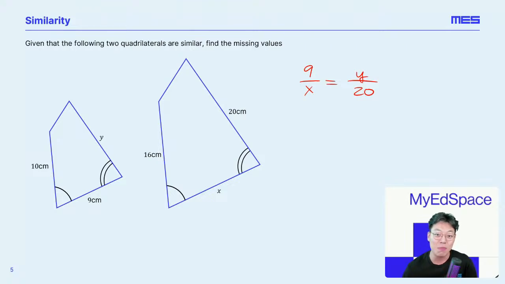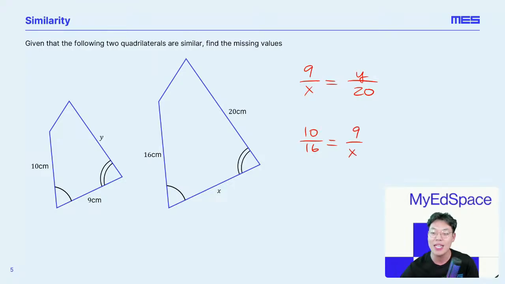In this case, it's much easier to recognize that we have 10 is proportional to 16. So we can use that in order to isolate each variable separately. So we'll have 10 is to 16 as 9 is to x.